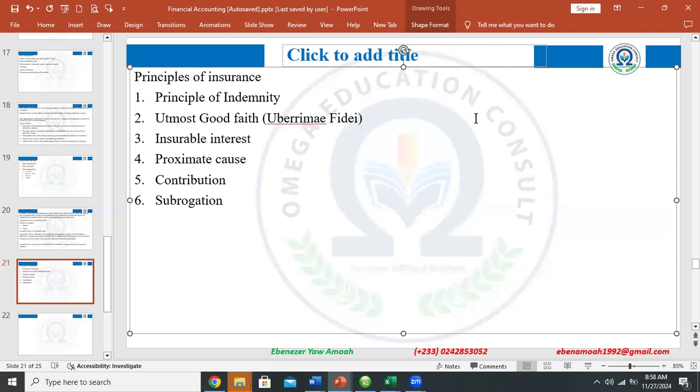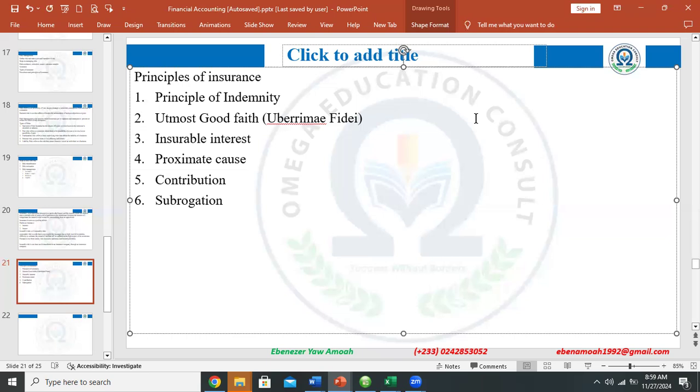As simple as that. Proximate cause, we are saying that in the event of any loss, we would consider what actually caused that loss. And is it what is stated in the agreement? So like the example Ella gave, if you insure your car against fire and then it was destroyed by flood, then the proximate cause here does not merit any compensation from the insurance company because you insured against fire.